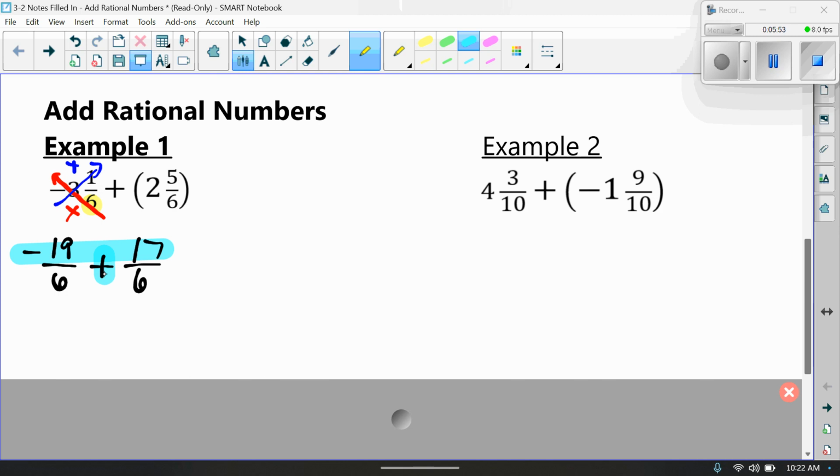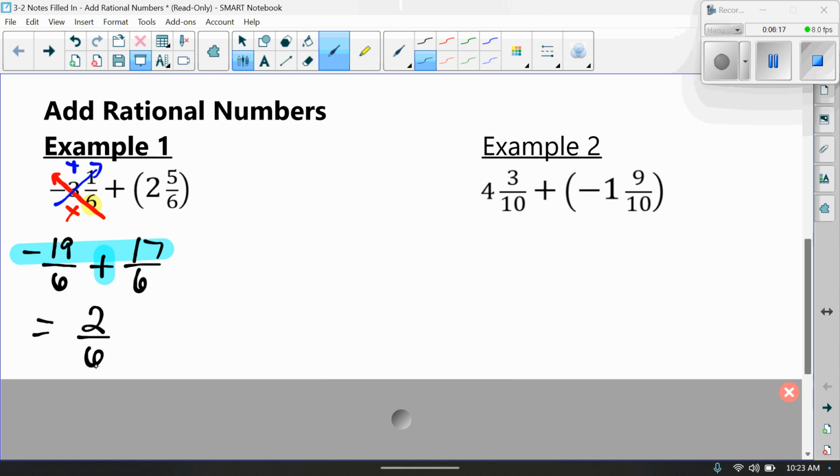So we're going to subtract the digits and take the sign of the bigger number. So 19 minus 17 is 2. So this is equal to 2, and the denominator stays the same, over 6, and we want to take the sign of the bigger number.